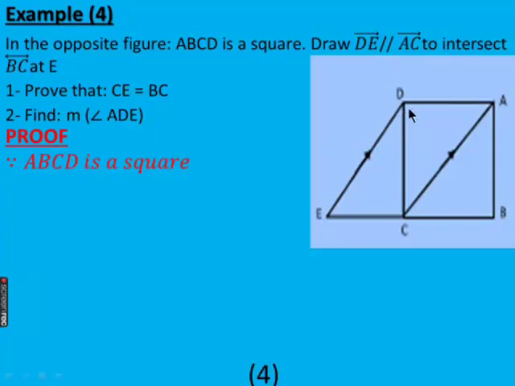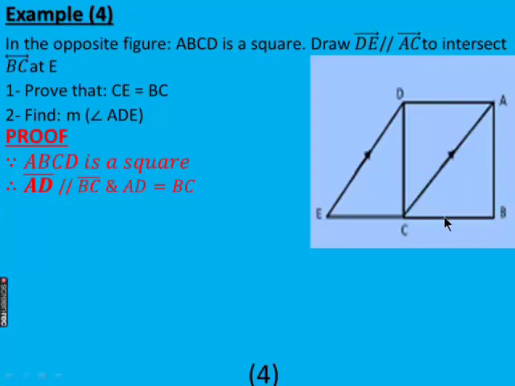Our proof to find the first required. Since ABCD is a square, then we have length of AD equal length of BC from the properties of the square. Then we have also AD parallel to BC from the properties of the square.